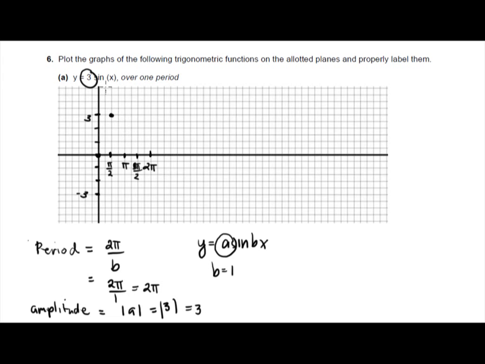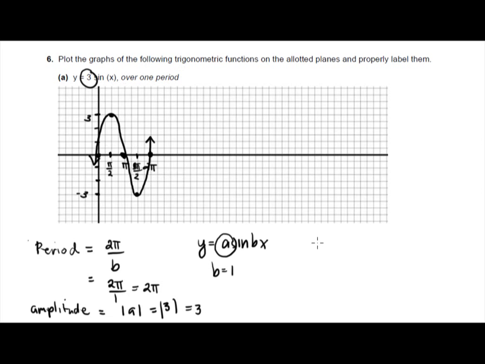When you put the value of pi on x, it will give you 0. When you go to 3 pi over 2, you will have the minimum, negative 3. And when you put the 2 pi on the x, it will give you 0. So by connecting the points that you have on the graph, you'll be able to get the graph of 3 sine x over 1 period.